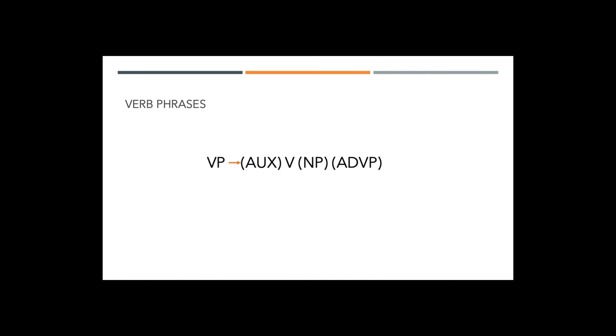Again, with parentheses around AUX, NP, and ADVP because they are not required. But the verb, the V, is. In some systems, there's also a marker for the verb's tense, but we will let that go.